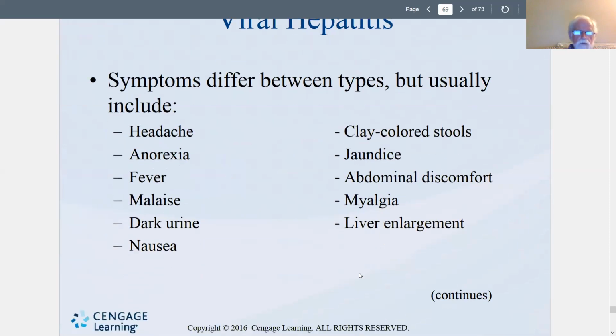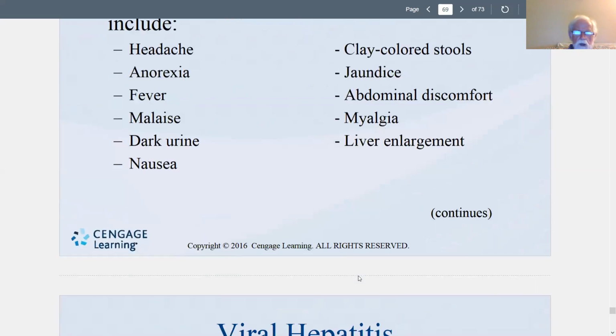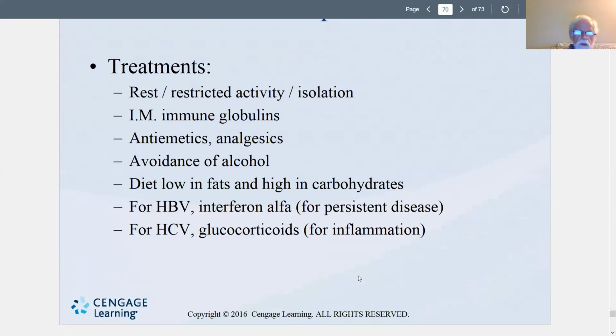Symptoms vary between the types of hepatitis, but headache, anorexia, dark urine, nausea, clay-colored stools, jaundice, nerve pain, liver enlargement, and abdominal discomfort are common. The treatments are to restrict activity and rest for most of these.